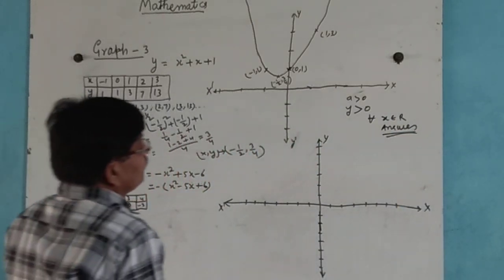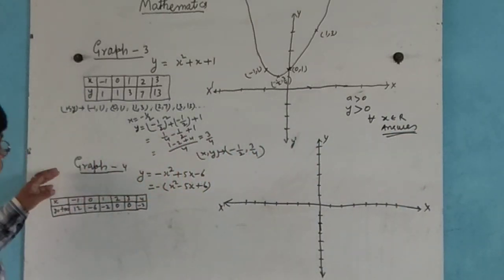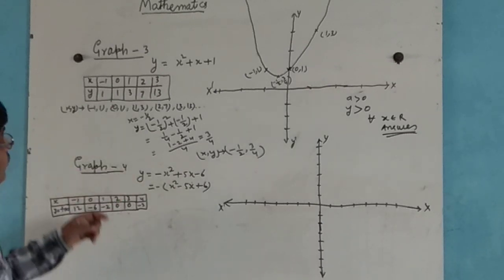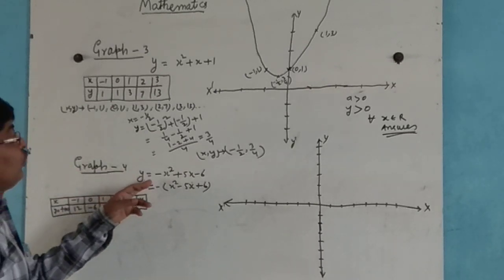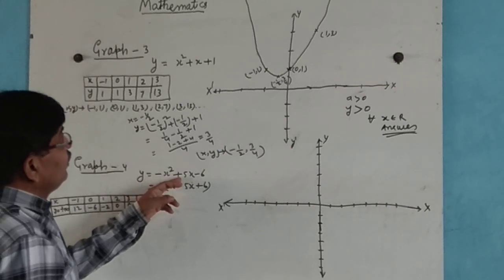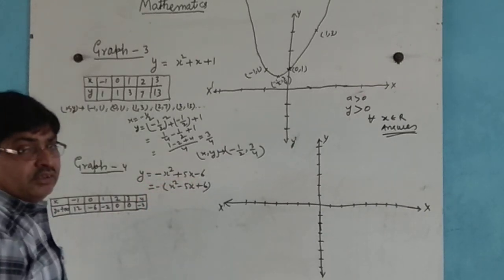Now another problem, graph 4: y equal to minus x square plus 5x minus 6.